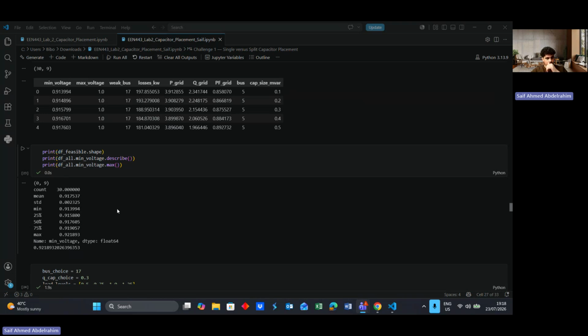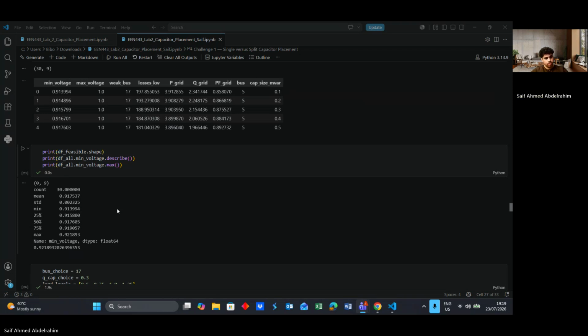The highest minimum voltage was approximately 0.92189 per unit, obtained using a 0.6 MVAR capacitor at bus 10. The lowest losses were obtained using a 0.6 MVAR capacitor at bus 32. This confirms that the best voltage solution did not match the best loss solution.